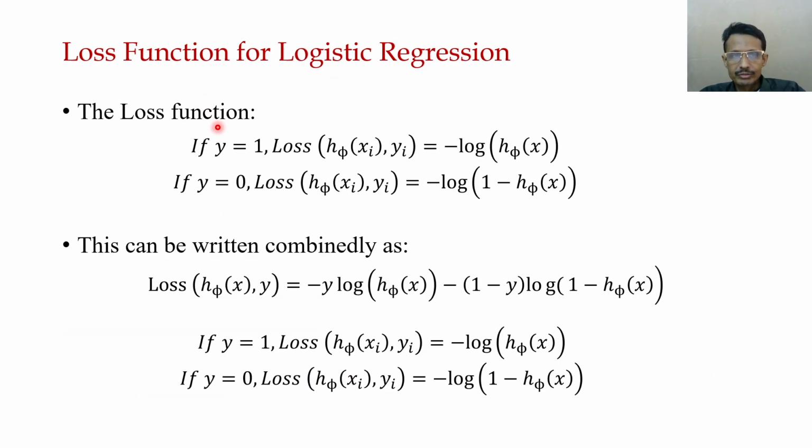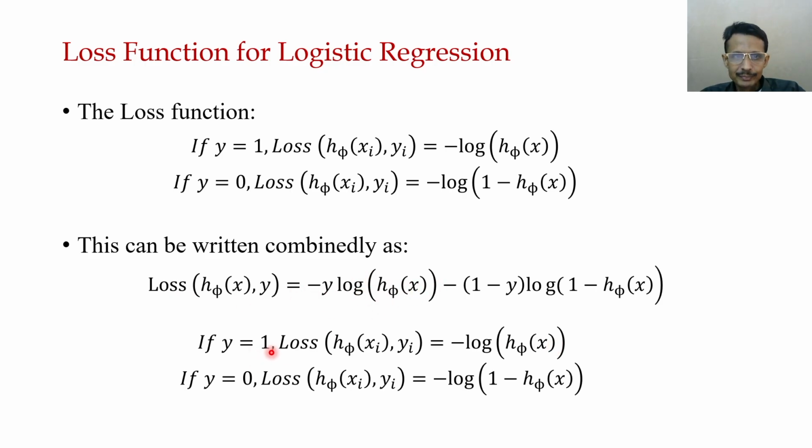Now this loss function for y equal to 1 and the loss function for y equal to 0, minus log of 1 minus h_theta(x), can easily be combined and written like this: minus y log of h_theta(x) minus (1 minus y) log of 1 minus h_theta(x). Why? Because if y is equal to 1, the second term is 0, because 1 minus 1 is 0, and the first term becomes minus log of h_theta(x). So ultimately the loss is minus log of h_theta(x) when y is equal to 1.